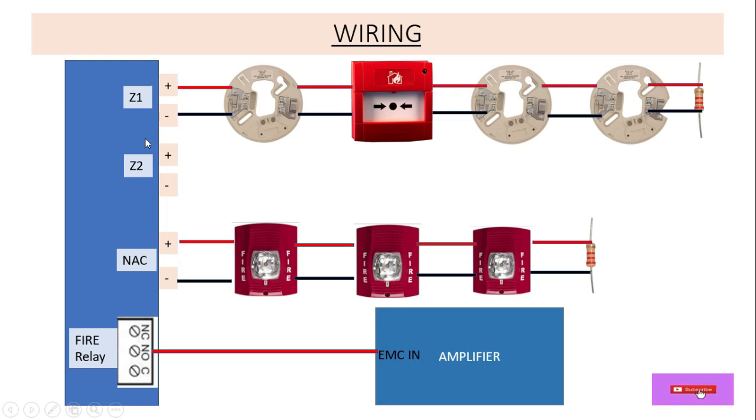Suppose there is a fire, then it will activate and trigger this amplifier, and it will give a message like evacuate the building, it's an emergency, please evacuate the building, there is a fire. Such a message we can play through this amplifier. So this is simple. In this way we can do the conventional fire alarm system wiring.